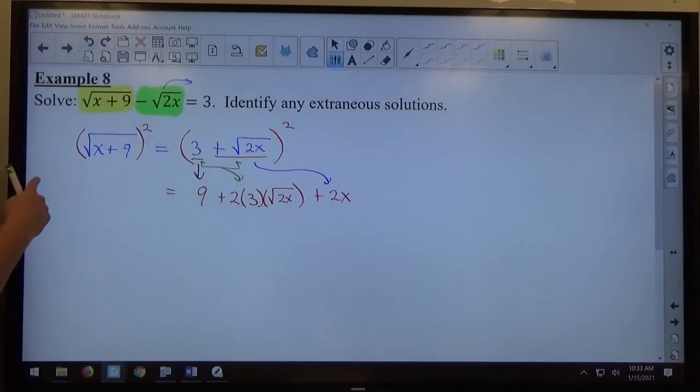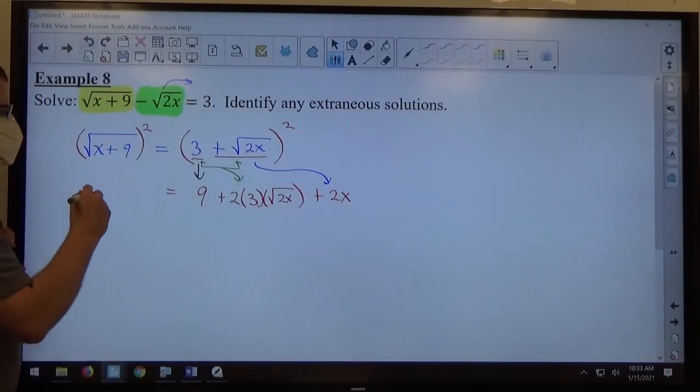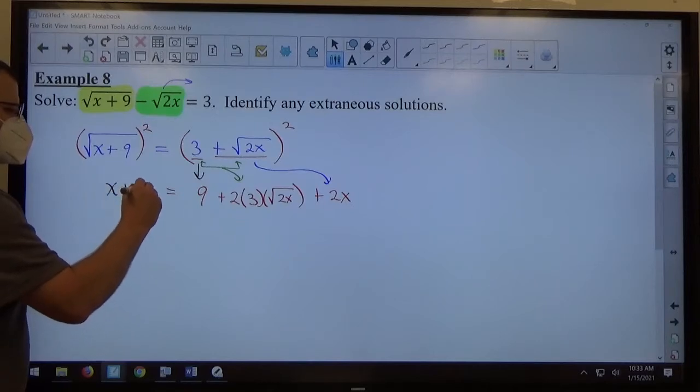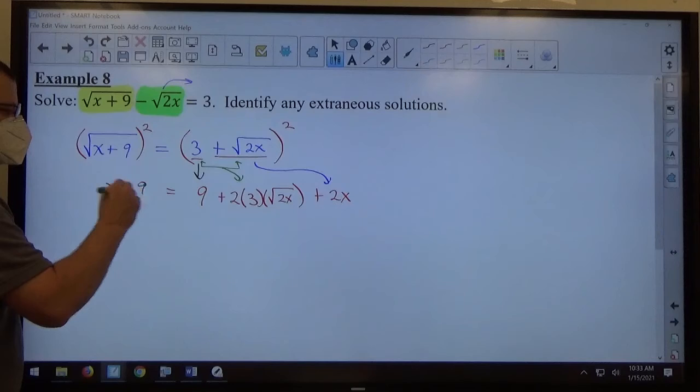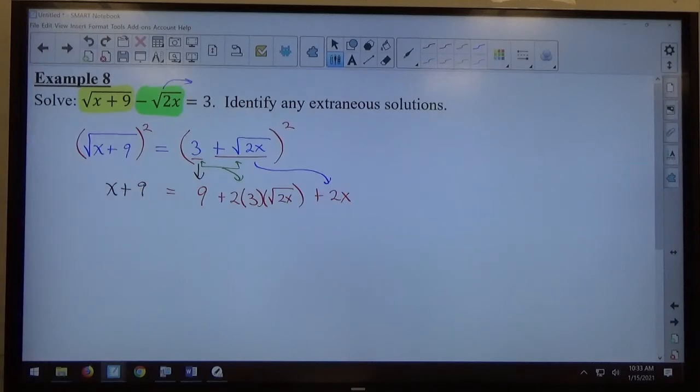Over on this side, square root of x plus 9 times itself just makes x plus 9. So the square root squared gets rid of the radical. And notice the original problem has 2 radicals. After doing this step, we only have 1 radical. That's our whole purpose for doing all this stuff. We want to make radicals go away. We have 2 radicals. We have to do it twice.